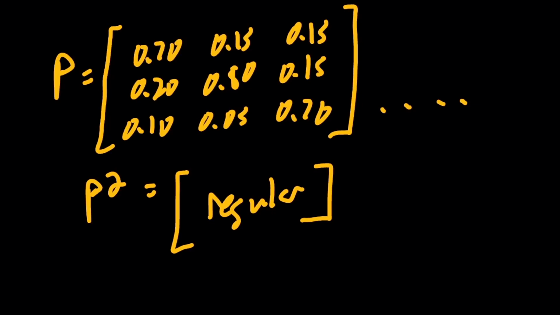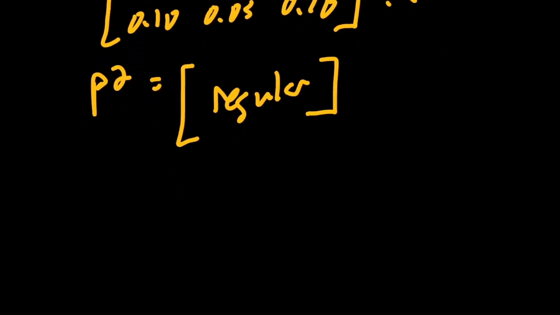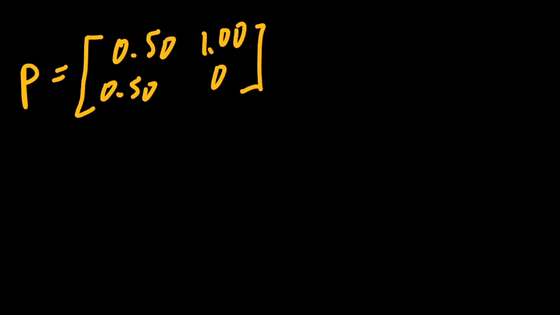Now, let's say we have a different matrix. Okay, so we're given this matrix where P has a 0 in row 2, column 2. So if we were to multiply this matrix by P, or bring P to any power, what's going to happen?